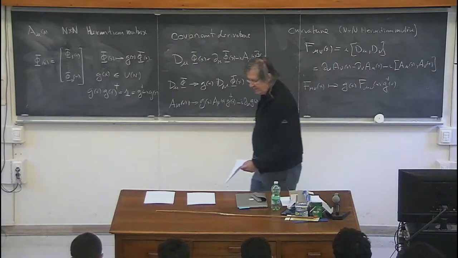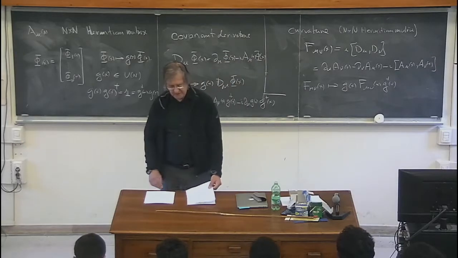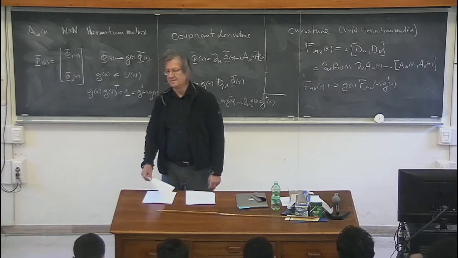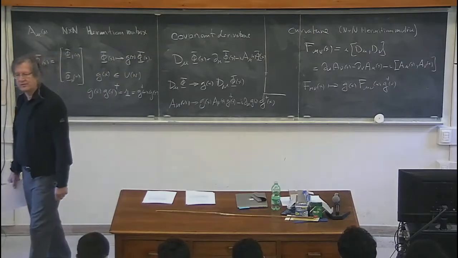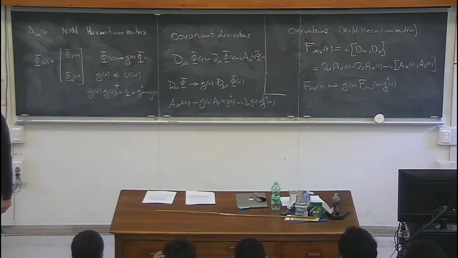Then to make a dynamical theory, one needs to postulate some dynamics. And that part, of course, is physics, it's modeling. But a very reasonable model would be one that wants to make this curvature small, or in the absence of sources, 0.